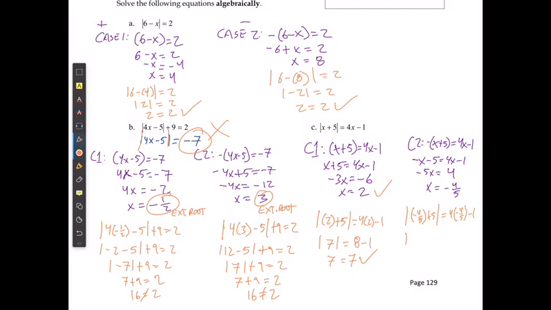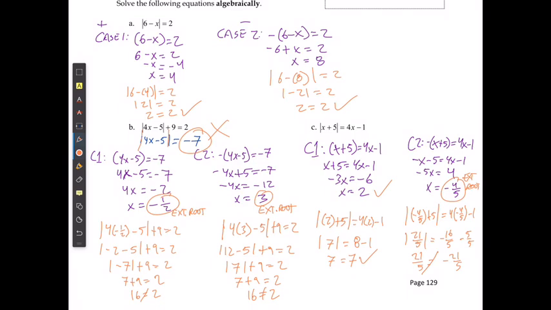Then negative 4 over 5 plus 5 is going to leave me with positive 21 over 5. And 4 times negative 4 over 5 is going to be negative 16 over 5 minus 1. Well, I'm going to have to change that 1 to negative 5 over 5 to combine them. And I get 21 over 5 is equal to negative 21 over 5. That is not true, which means that this is my extraneous root. So in this case, I only have one solution that works, when x is equal to 2.